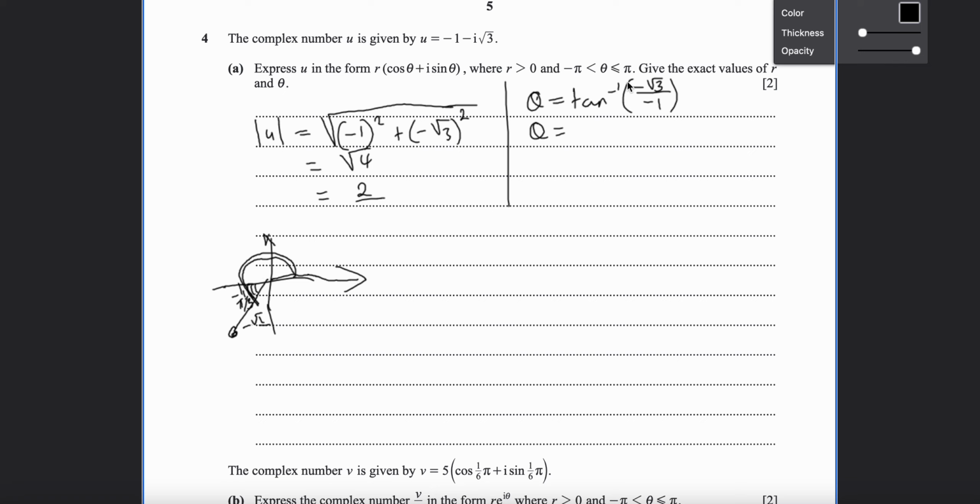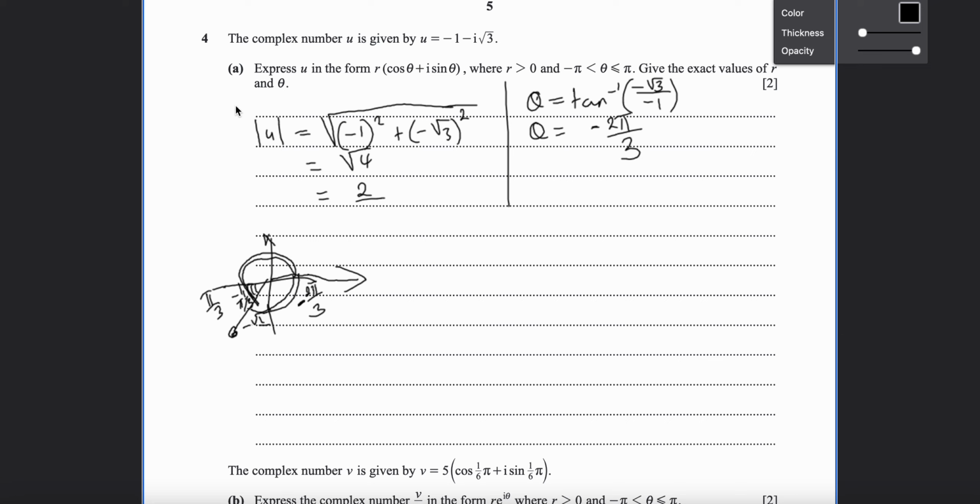So we're going to consider this angle from here to here. If this is pi over 3, it means this one is 2 pi over 3, but it has to be negative. So our theta is negative 2 pi over 3. Okay, I hope we understand that part.